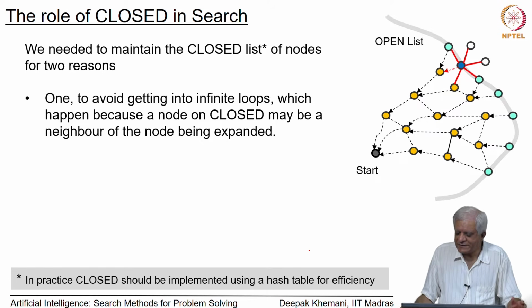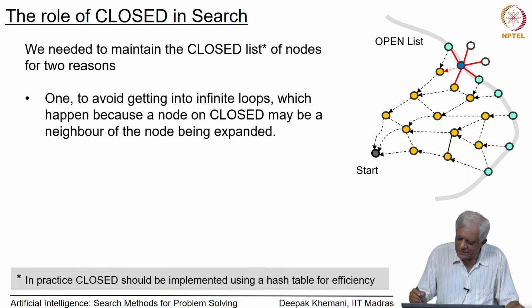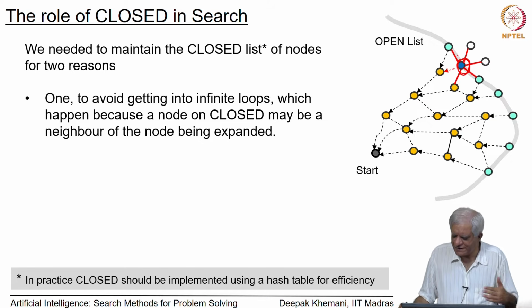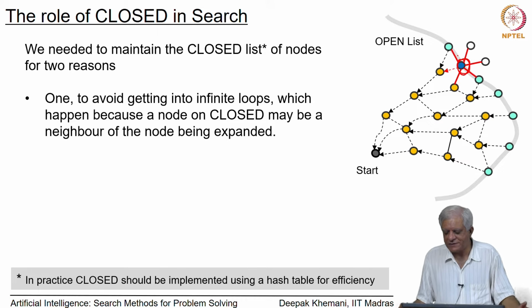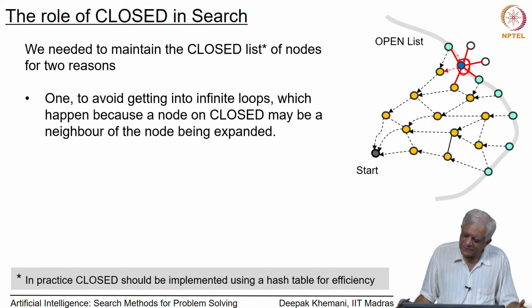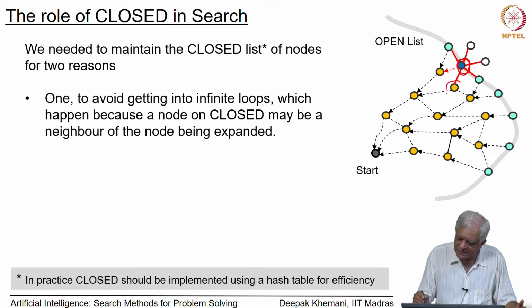So, if you look at this diagram here and you see this node in blue which is on the open list, and let us say this is a node that is about to be expanded, then there are two nodes in closed which are neighbors of this node, two nodes on open shown in cyan, which are also neighbors of this node, and 2 nodes which will be generated when we expand this node. These are new nodes essentially. The matter of concern for us was a node like this one, because it was enclosed.